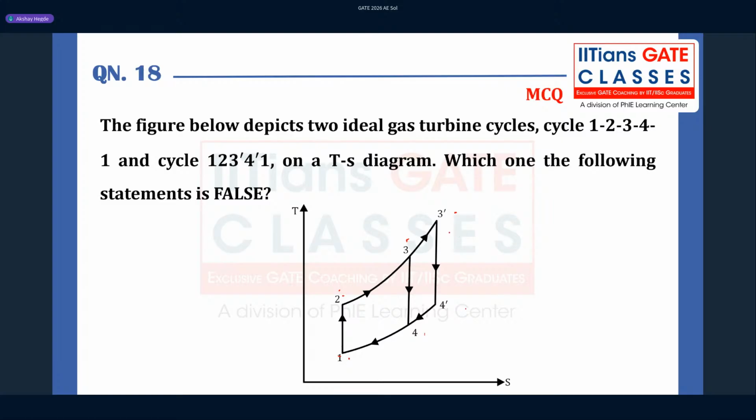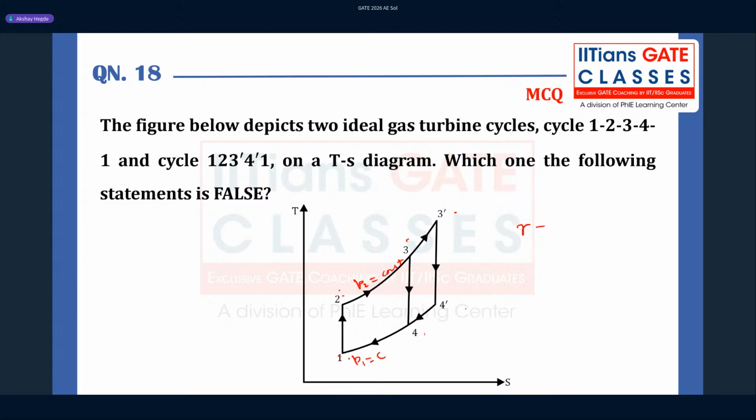Before even moving on to the options, let's see what we have from the given T-S diagram. This is the P1 equals constant line, this is the P2 equals constant line. So we are operating between the same pressure ratios in both cycles.